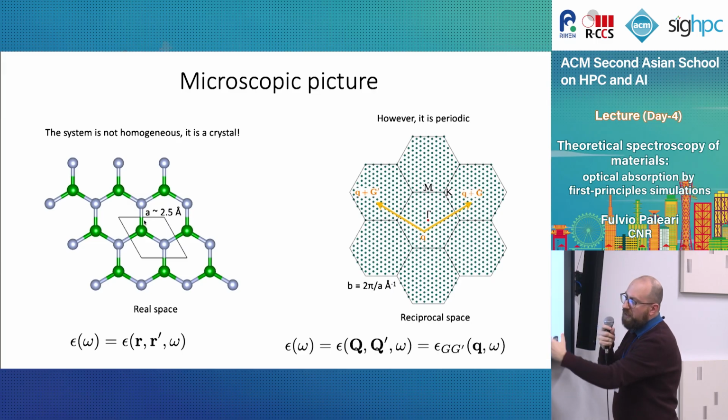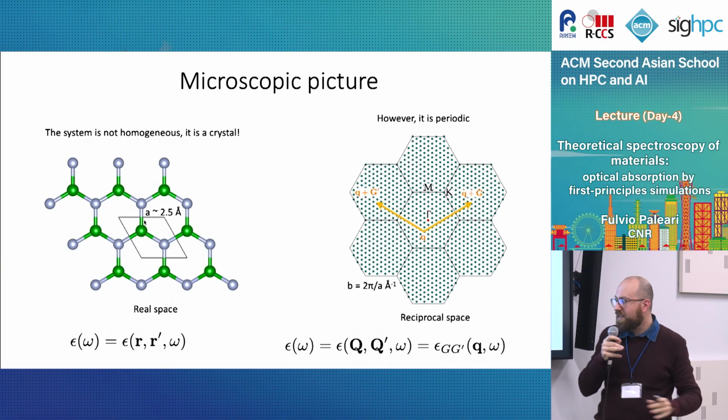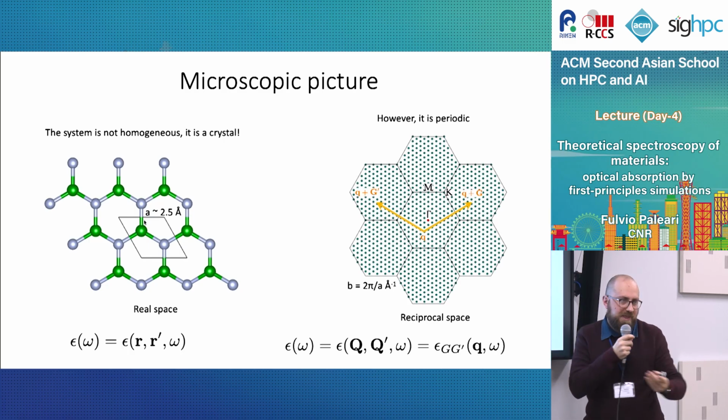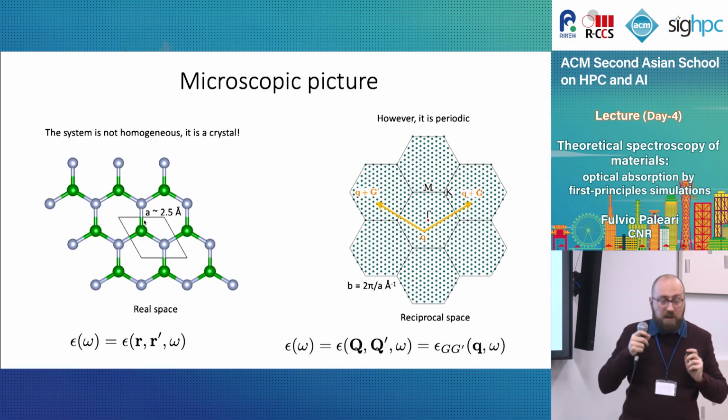So we can write it as a tensor, and this will simplify many things. This is the explanation why sometimes you see this epsilon GG prime. It's just that big Q is q plus G, and big Q prime is q plus G prime. It's just a matter of rewriting. It's nothing particularly crazy.